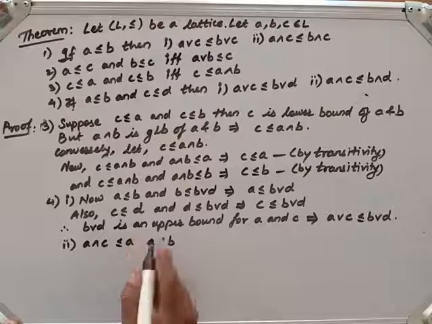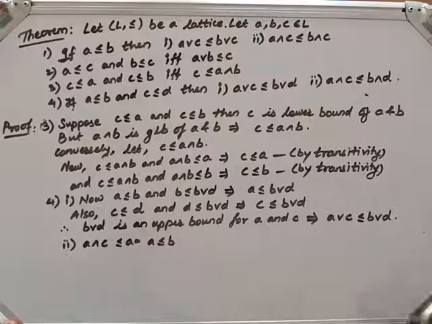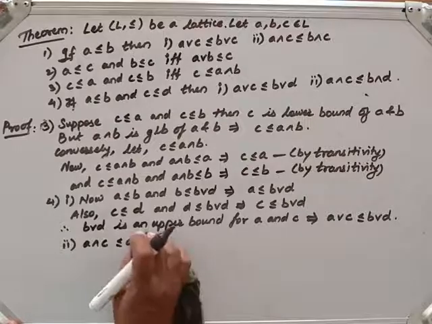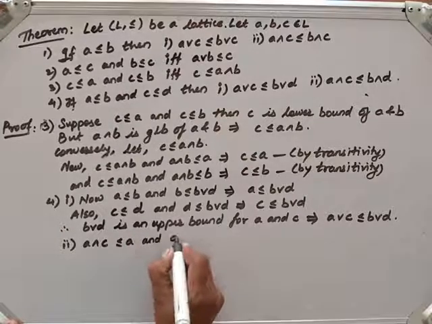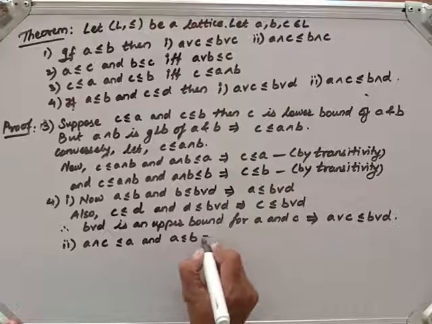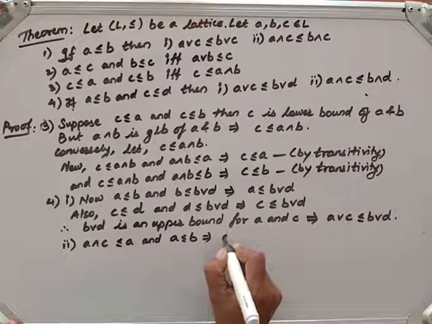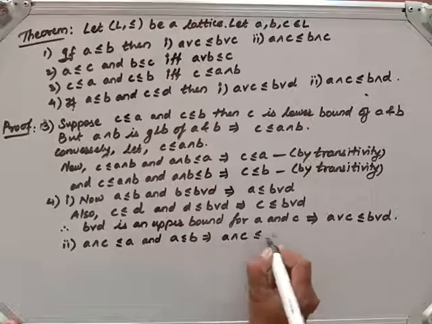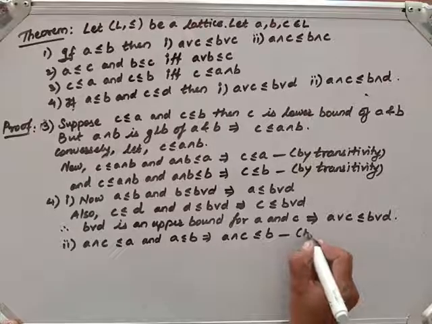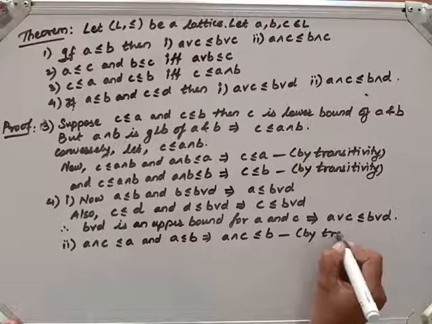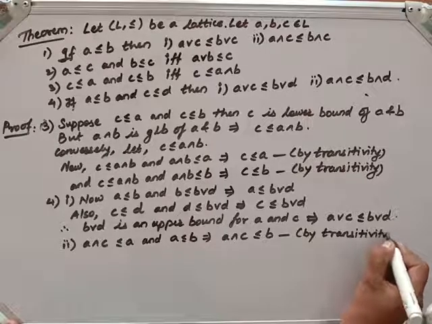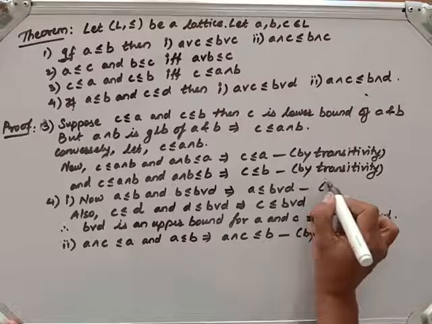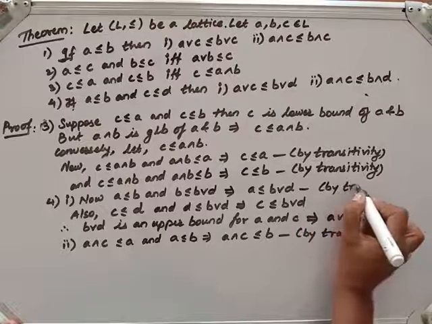B. I must write in detail, sorry, and A is related to B. So this implies A meet C is related to whom? B by transitivity. Here we should write the reason, by transitivity.